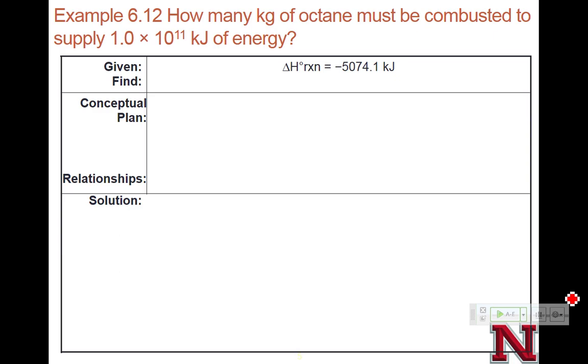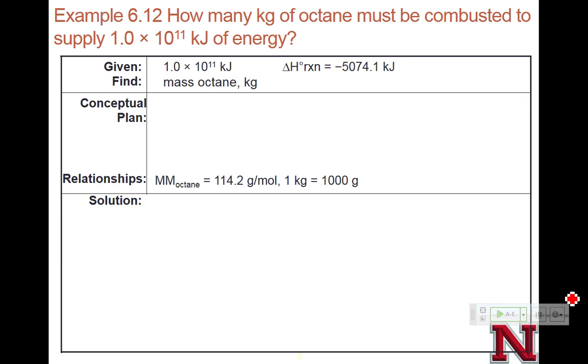So that's our surroundings, of course. Our surroundings, the energy is increasing. So if we know our delta H of a reaction, then we can figure this out. So we're given that we want to know how much octane to form 1 times 10 to 11 kilojoules.